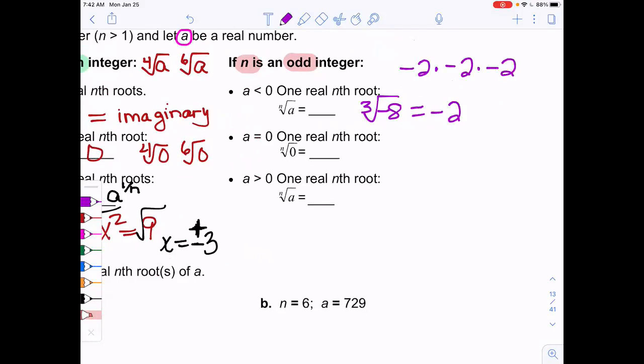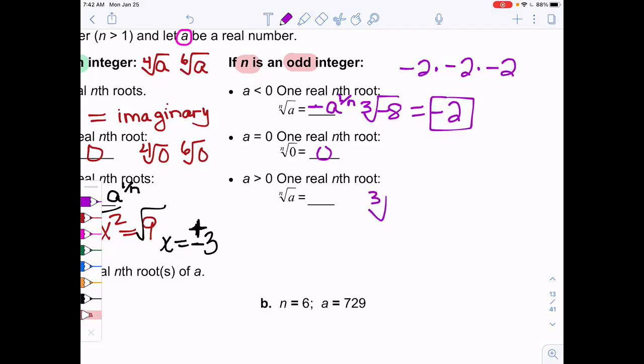So when you take an odd root of a negative number, your answer remains negative. So you're going to have a negative answer of a, like my negative 2. Any odd root of 0 is still 0. The 3rd root of 0, the 5th root of 0, the 11th root of 0, that's still going to be 0.